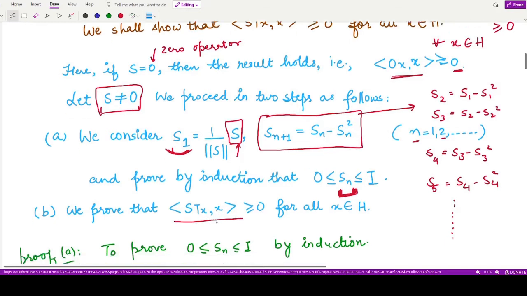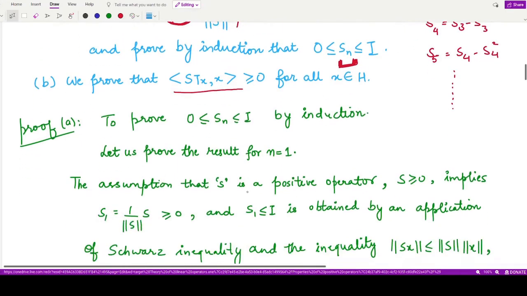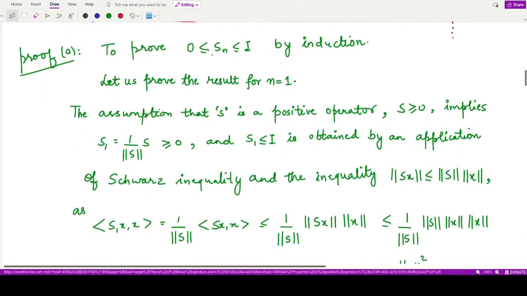Okay, let's proceed to prove part A. Here our aim is to prove that all the Sn lie between the 0 operator and the identity operator, and we'll prove this result using induction, applying induction on this number n.